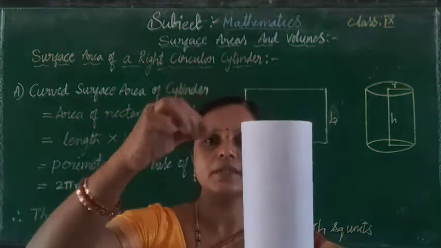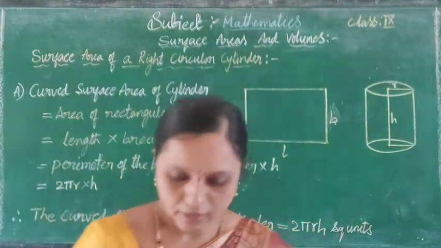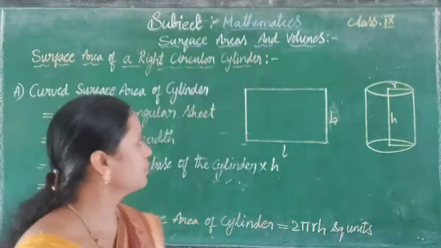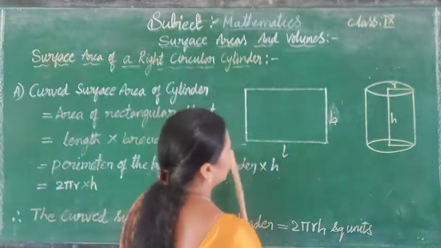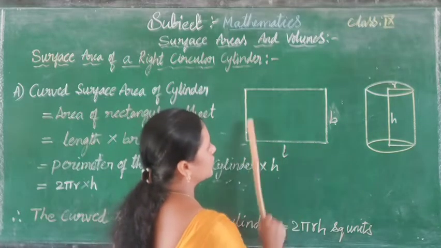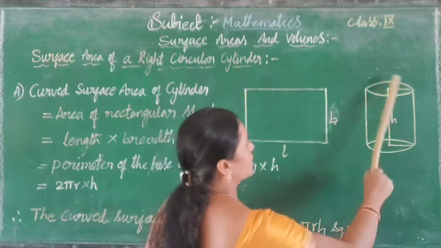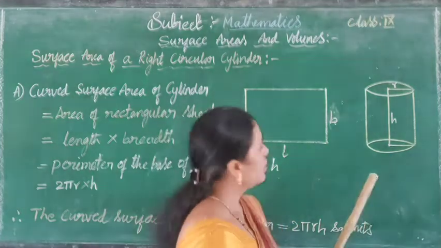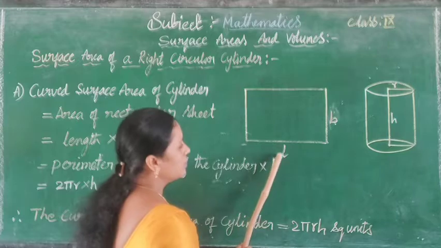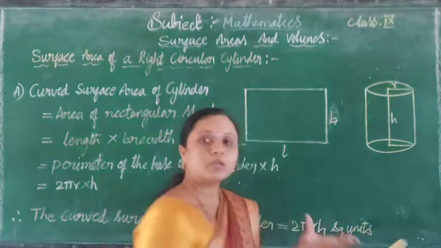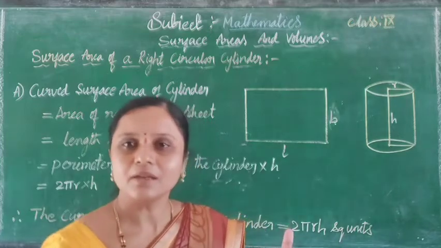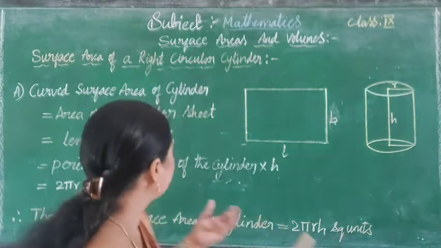What happened here? The length of the rectangular sheet becomes the circular base of the cylinder.